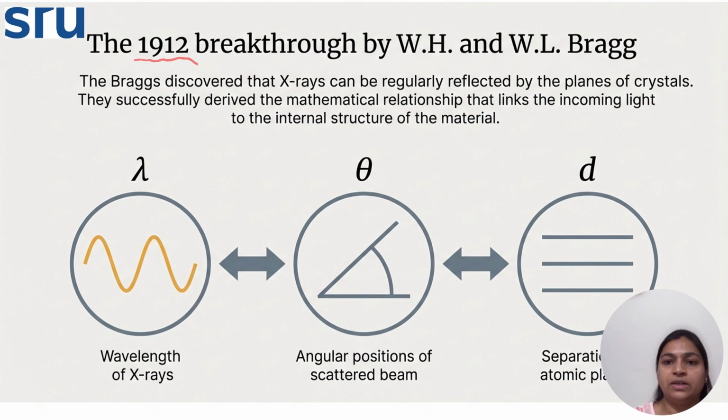So let's say this is a crystal structure and some light is coming here. Once these rays come in, the angle at which they diffract and the separation of the atomic planes, the interplanar spacing d, are linked by this mathematical relation, which connects the incoming light to the internal structure of the material.